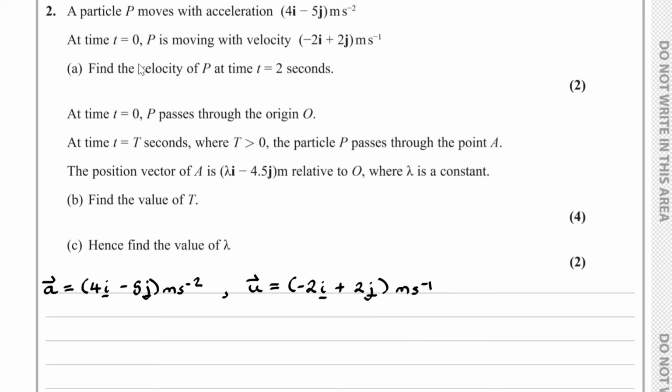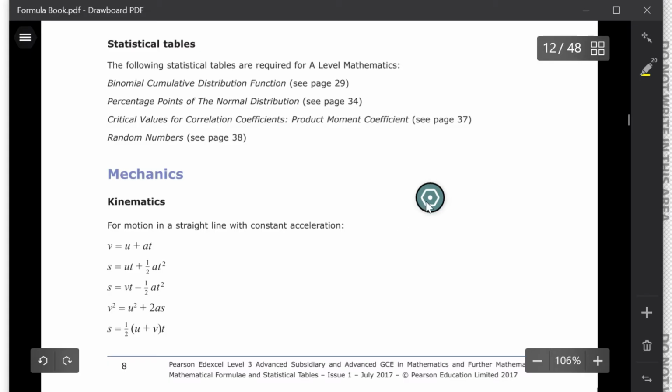Now we have to find the velocity of P when t equals 2. And if we go to our formula book, the formula we can use is v equals u plus at. The reason being, we want to find the velocity, we know the initial velocity, we know the acceleration, we know the time.